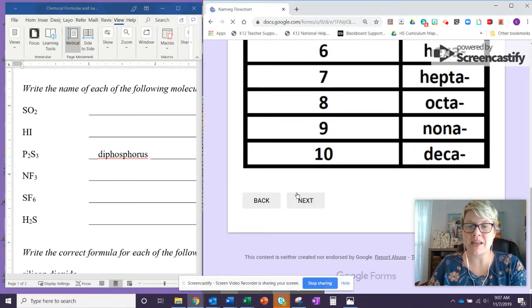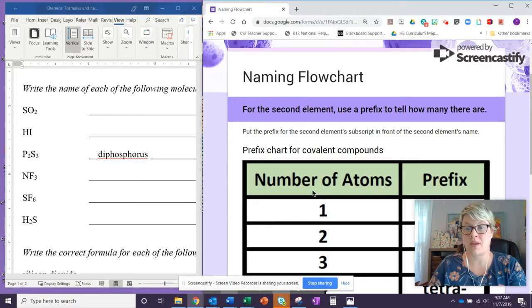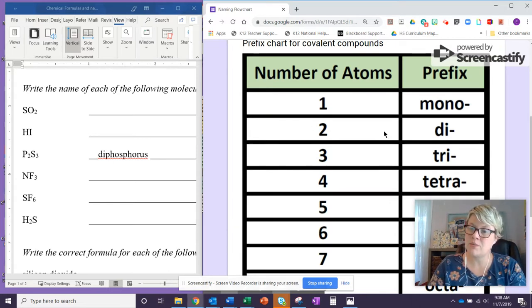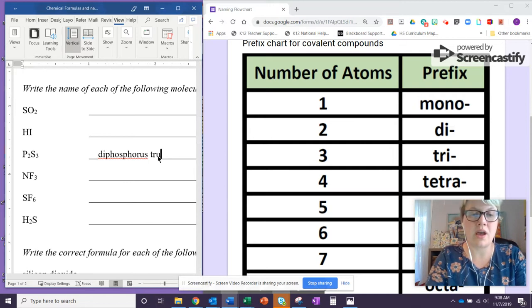And then for the second element, we do the same thing. We put that second element's subscript as a prefix in front of the element's name. And I forgot to write that we change the ending to "ide" for the second element. We almost always do. It will be 3 sulfurs. 3 is tri, and so it will be trisulfide.